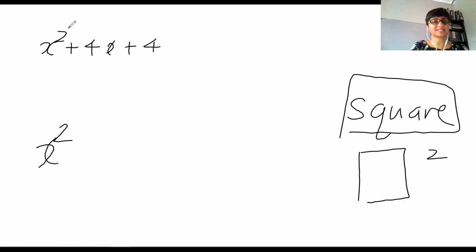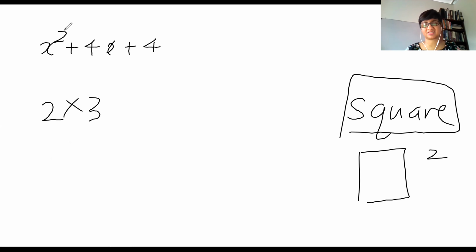It's because of this. Whenever you have a product of two things, it can be thought of as a rectangle. Here's what I mean by this. Say you have 2 times 3. You know the answer is 6, okay?